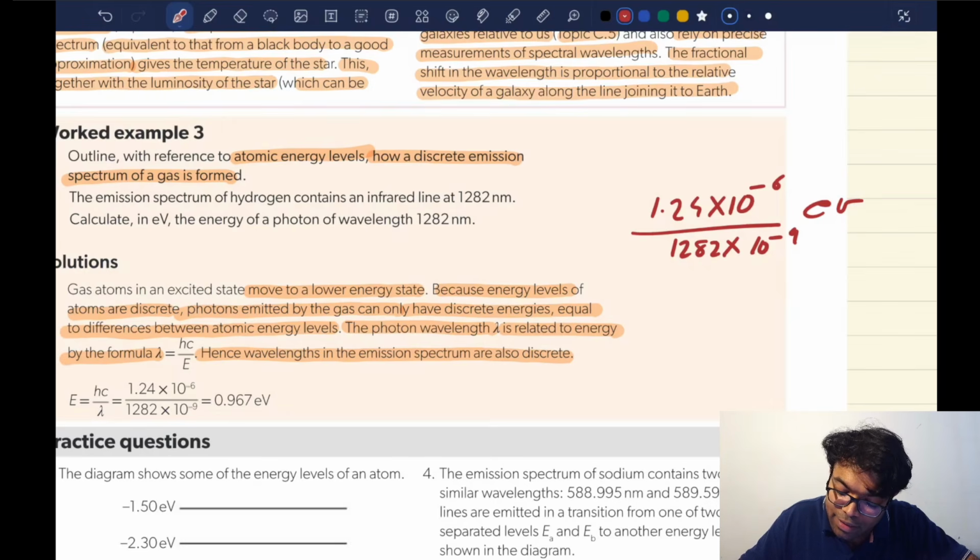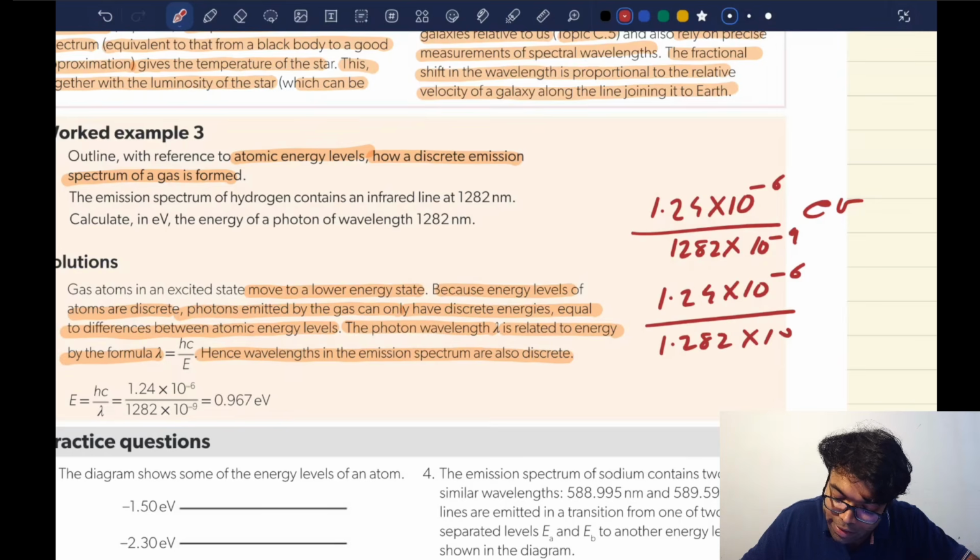So I can write this as 1.24 into 10 to the power of minus 6 upon 1.282 into 10 to the power of minus 12. So can I roughly cut them off? Yeah, so I'll get 1 into 10 to the power minus 6 plus 12, which is 6. So you will get approximately 10 to the power of 6 electron volts.